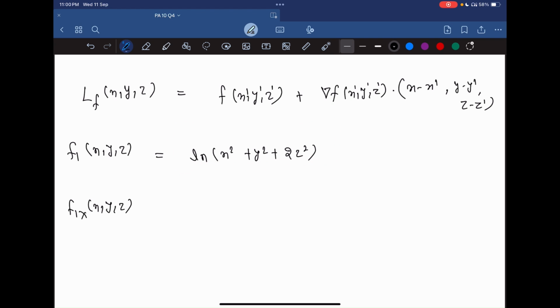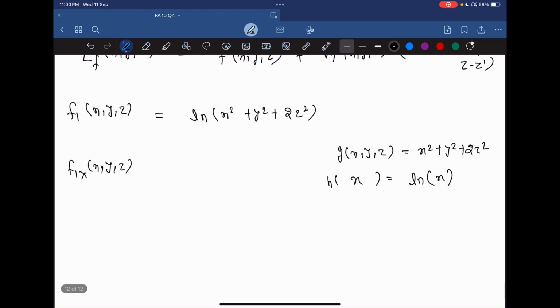That is, we can think of one function g of x, y, z as x square plus y square plus 2z square, and h of x as ln of x. So this function is defined as h of g of x comma y comma z.